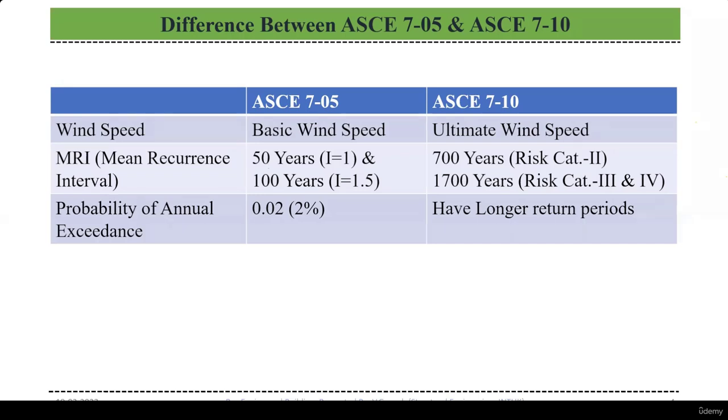So out of 100%, you will get 2% probability of annual exceedance of wind speed for every year. Whereas in ASCE 7-10, these have longer return periods. If you divide 1 by 700, there will be a negligible value, that is the lower probability, the lower chance of wind exceedance according to ASCE 7-10.